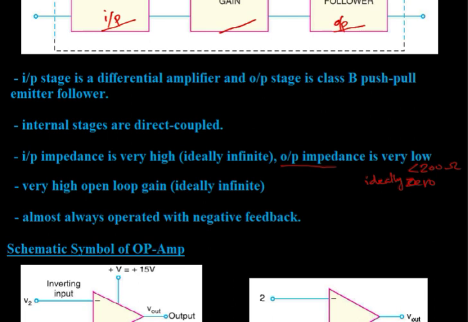The importance of a very low output impedance is that it provides almost constant output voltage irrespective of the current drawn by the load from the circuit.